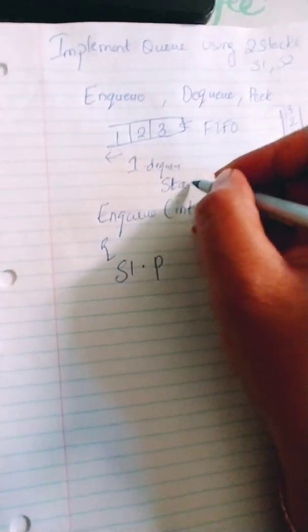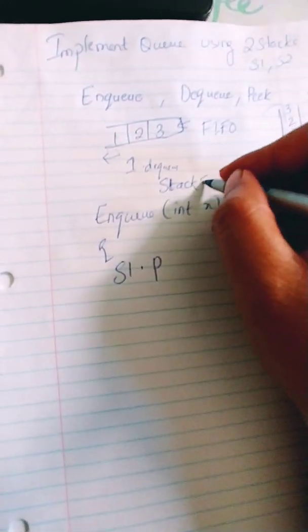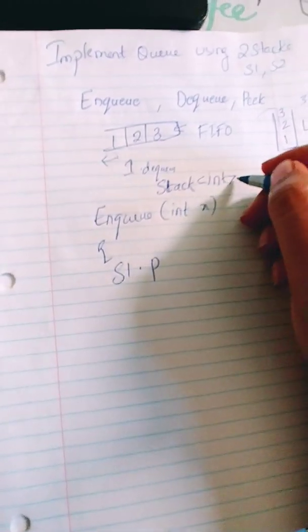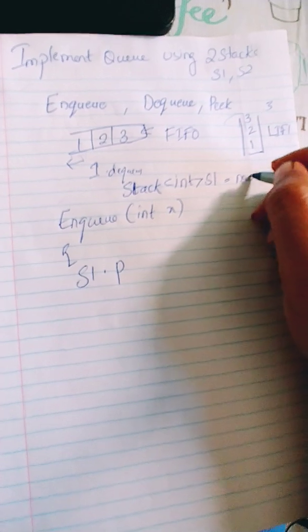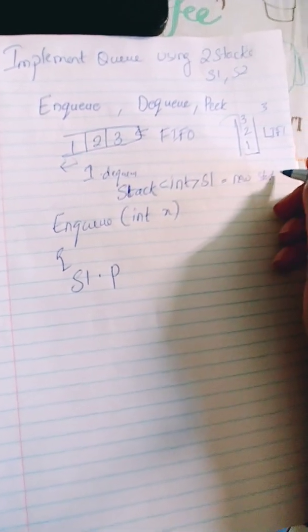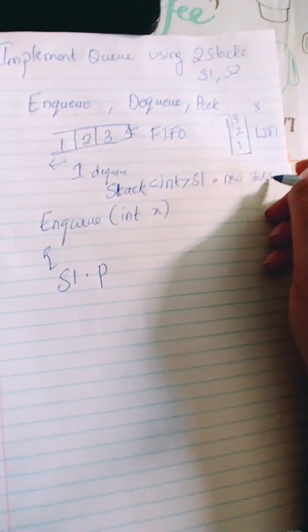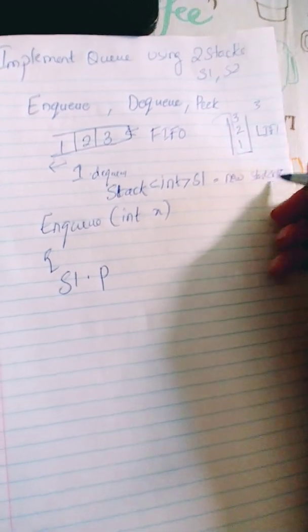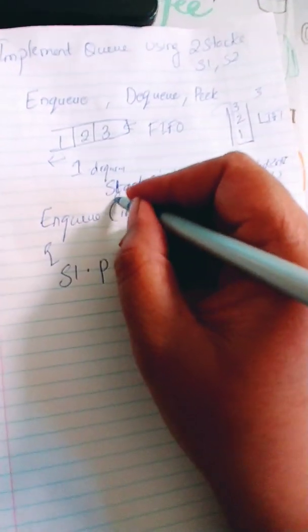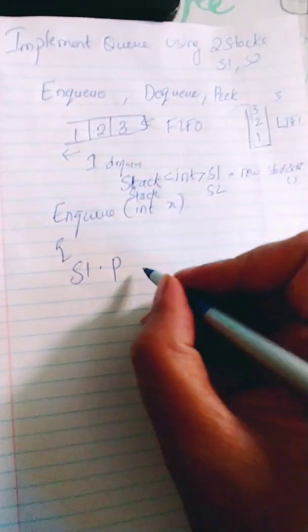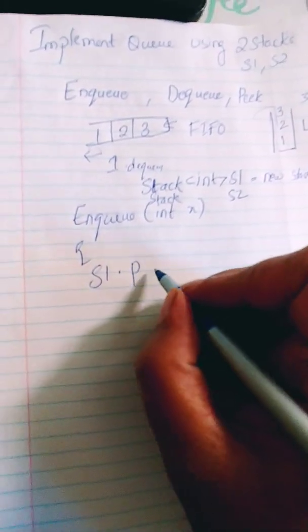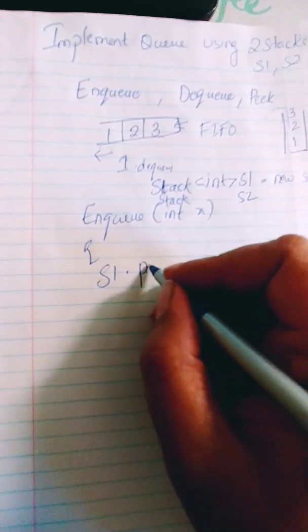Stack int S1 equals new stack int. So we declare two stacks, S1 and S2. So we are just pushing each element into the stack.